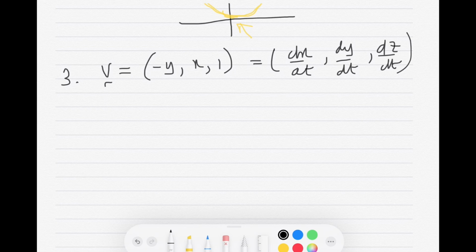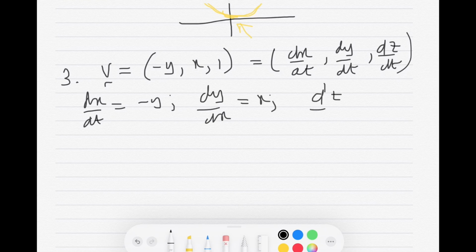We want x, y, and z, which give us the vector r, which is x, y, z, in terms of t. So dx/dt is minus y, dy/dt is x, and dz/dt is the constant 1, for which we need to solve for x, y, and z.